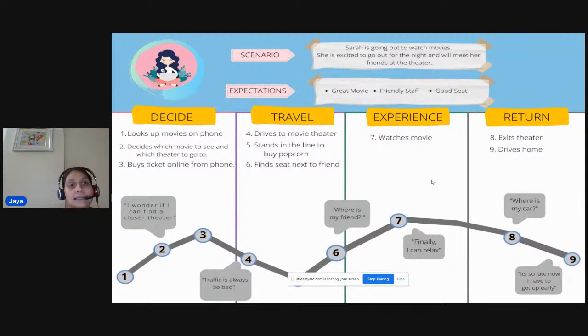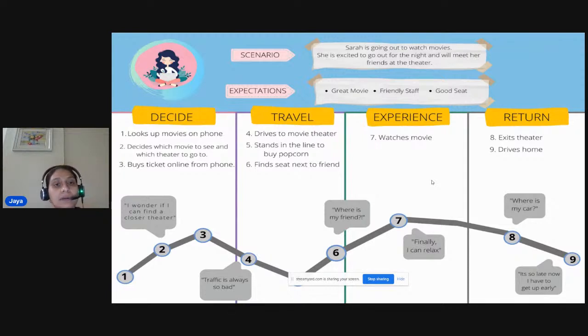And second, she has to decide that the place should be near her home. The decision part is that she decides about the movie, and secondly, about the movie theater, which should be near her home.